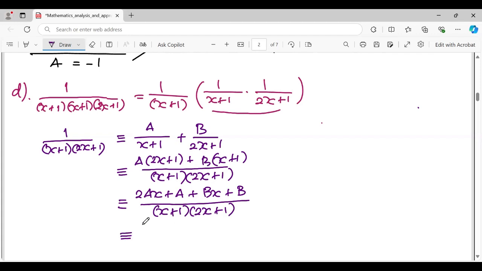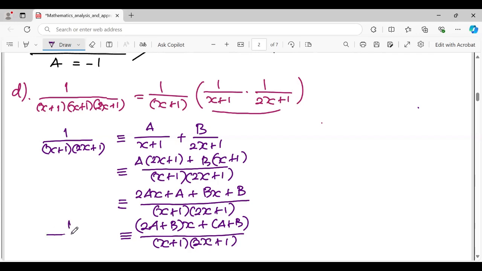It becomes 2A plus B times x plus A plus B over x plus 1 times 2x plus 1.